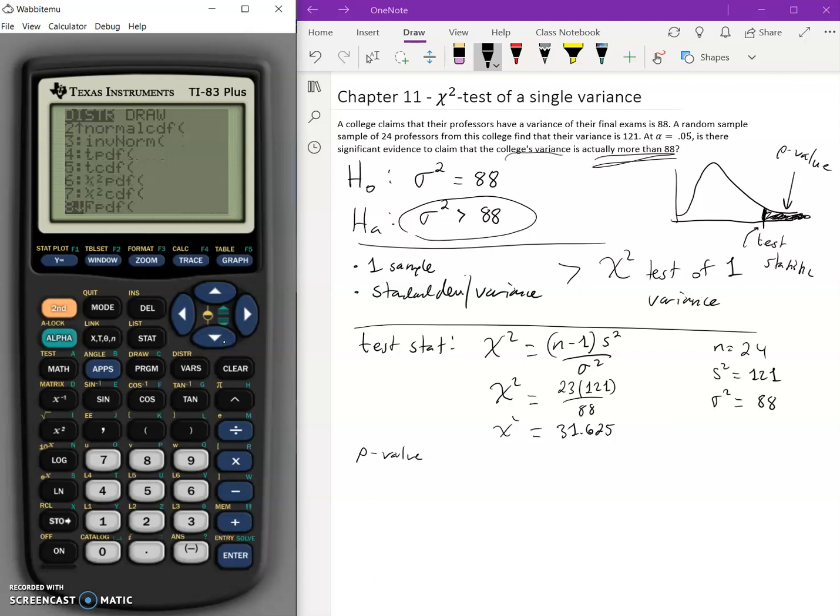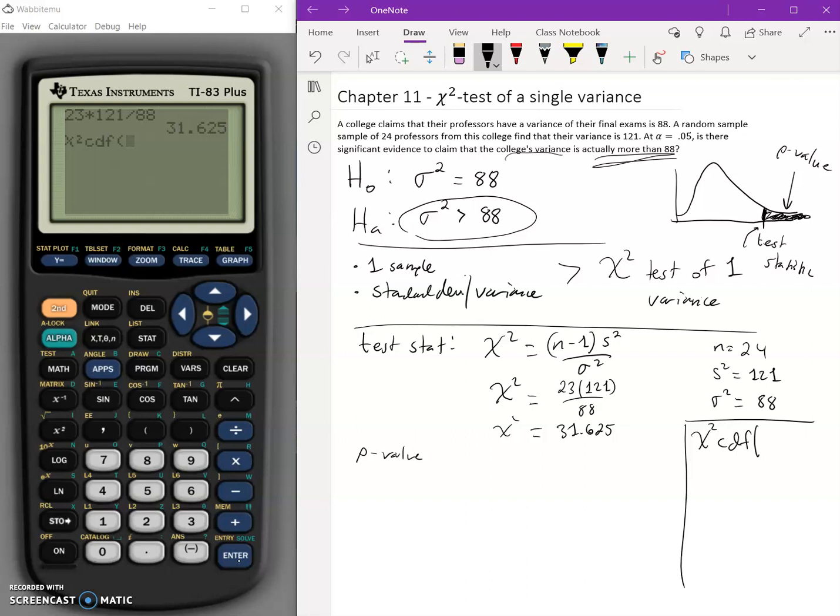You could scroll down and see there's also the F distribution that we've looked at. You could do all of these by hand, or quote unquote by hand if you wanted to, but we're going to choose the one that we need for this test, and that's chi-squared CDF. So you always choose the chi-squared CDF button. Press enter.